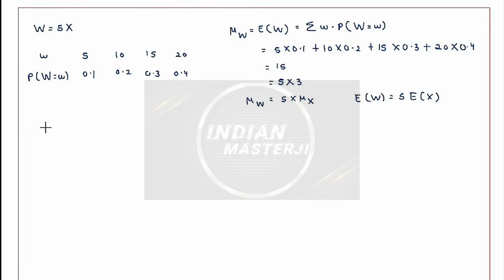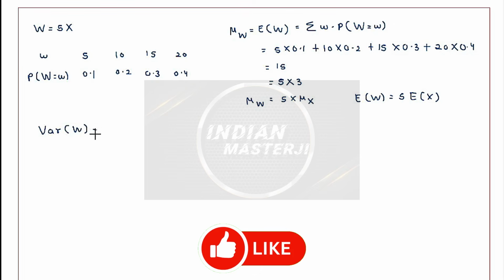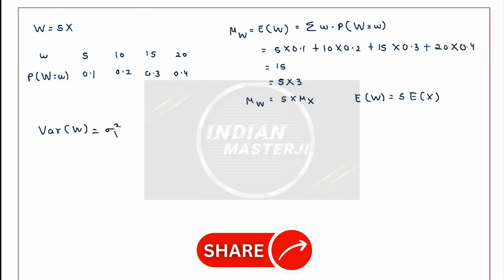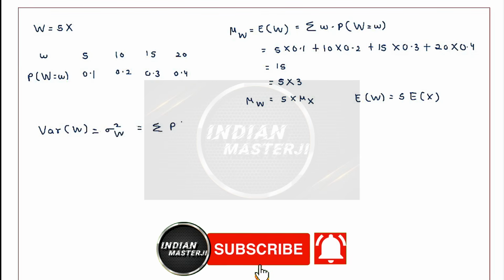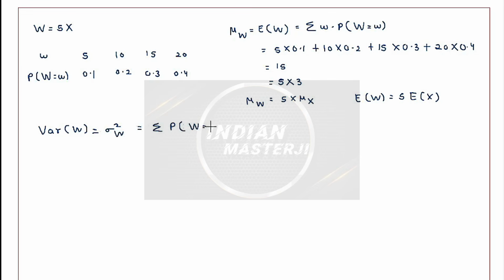Now suppose we have to find the variance of W. Again, what will the variance of W be? This will be equal to sigma square of W. Basically, this will be the summation of the probability of W taking a small value W into W square, minus mu of W whole square. Correct?